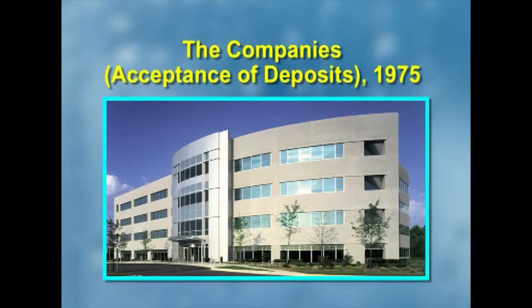The central government, in consultation with the Reserve Bank of India, has framed separate rules known as Companies Acceptance of Deposits Rules 1975, which came into force on 3rd February 1975.